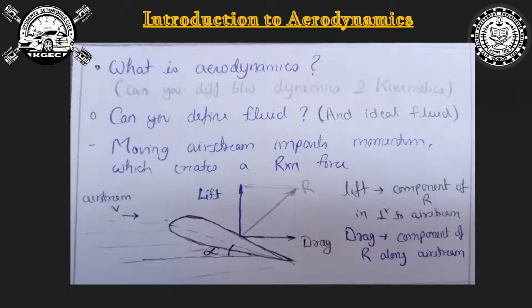For inviscid, if we talk about the air stream which is at a distance from the surface, very close to the surface there is a layer called the boundary layer, and in that layer only the viscous forces are prominent. In the free stream condition, that is the air stream which is not affected by the object, the viscous effect is not very prominent.